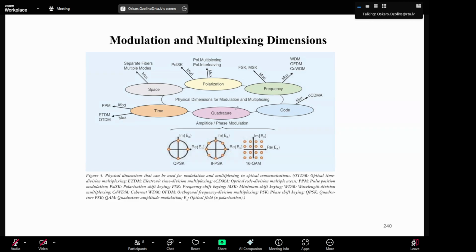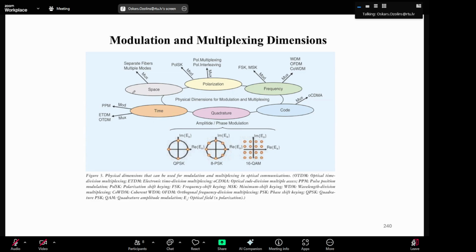Then there's also polarization, which we touched upon, polarization multiplexing. Polarization modulation is also possible. Then you can also modulate with different codes, with different frequencies, and also modulate with time. So you can do time division multiplexing.